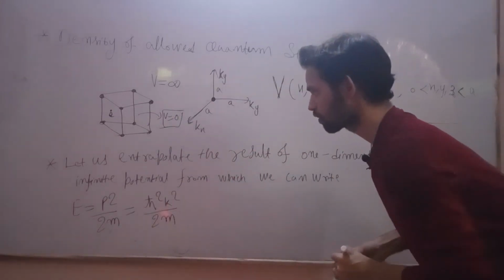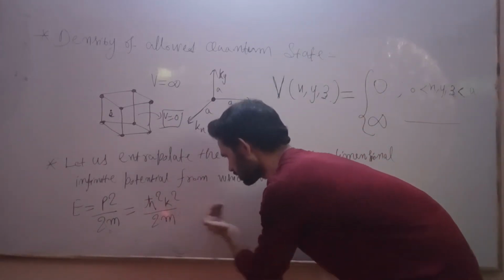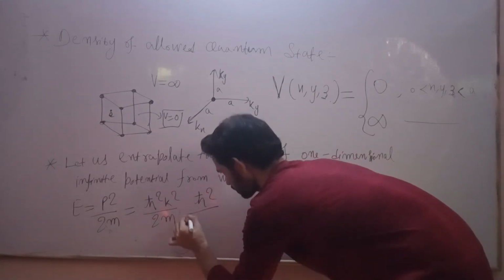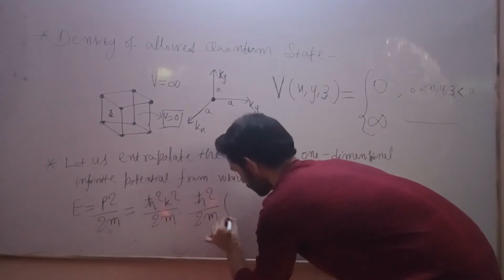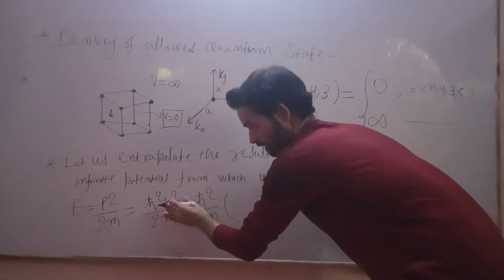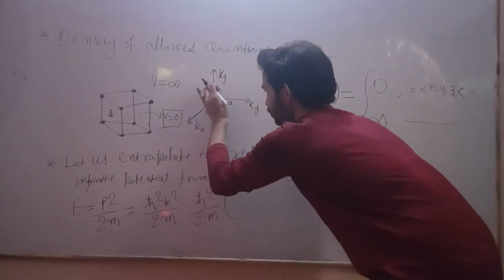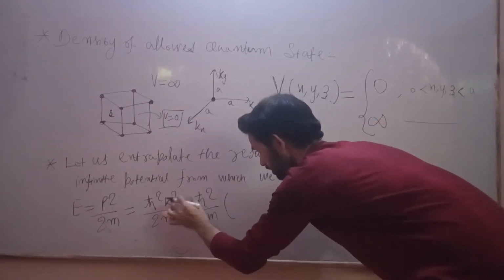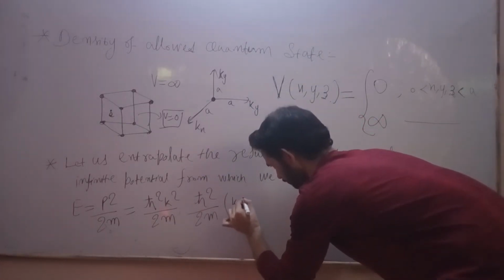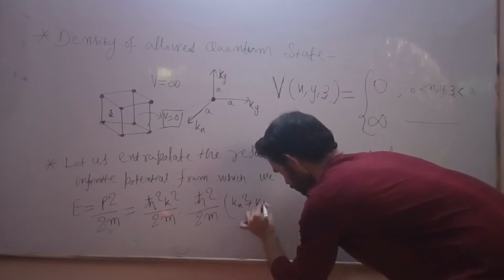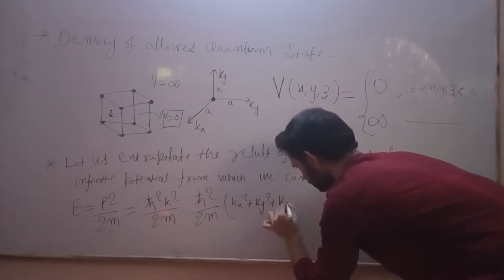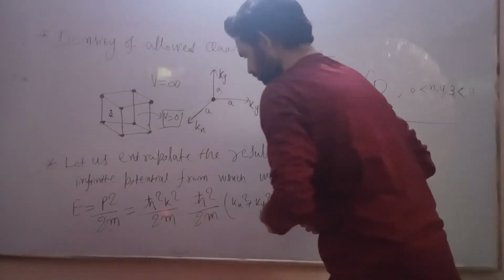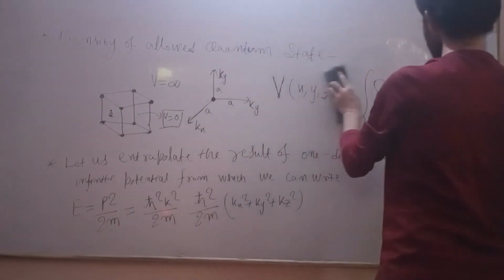Now we are extrapolating this to three-dimensional space, where h square by 2m is the same, but this k is not one-dimensional. Here k square is kx square plus ky square plus kz square.